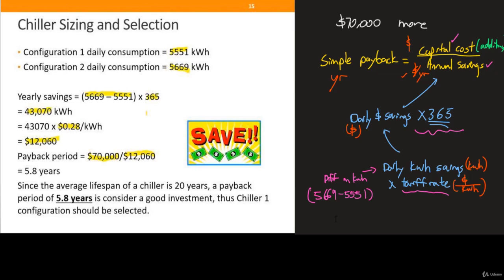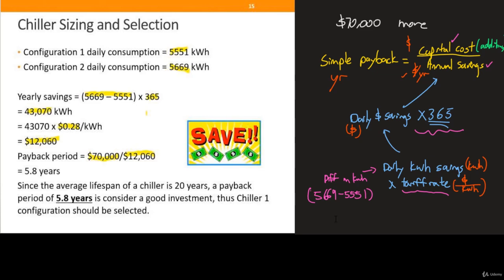So the question is, is 5.8 years considered very long or very short? That depends on the type of equipment you are replacing. For example, if you are talking about a mobile phone, 5.8 years to get back your saving is very long, because the lifespan of a mobile phone is maybe around 2 or 3 years. You will replace your mobile phone.